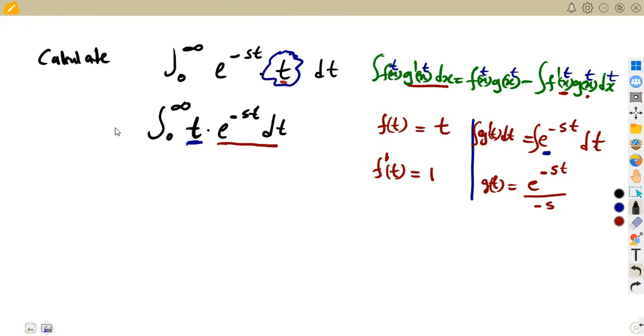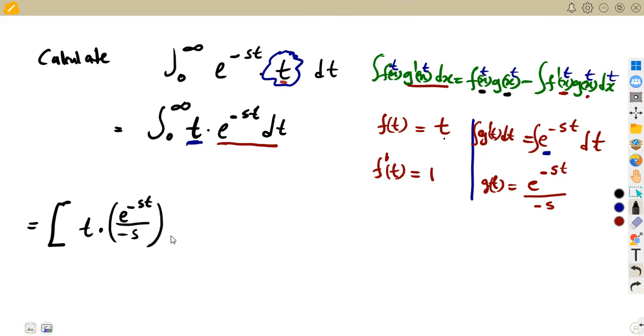Let us put this into this part. Whatever you're going to get here is going to be taken as f of t, and our f of t is t. So you're going to have t times g of t, which is this part where we got e to the exponent of minus st over minus s, like this.